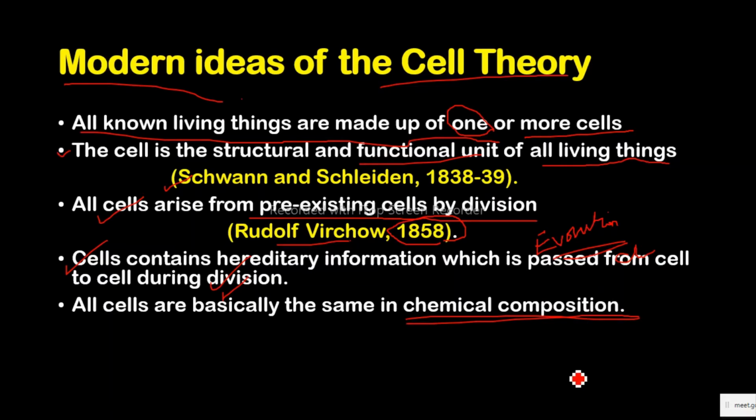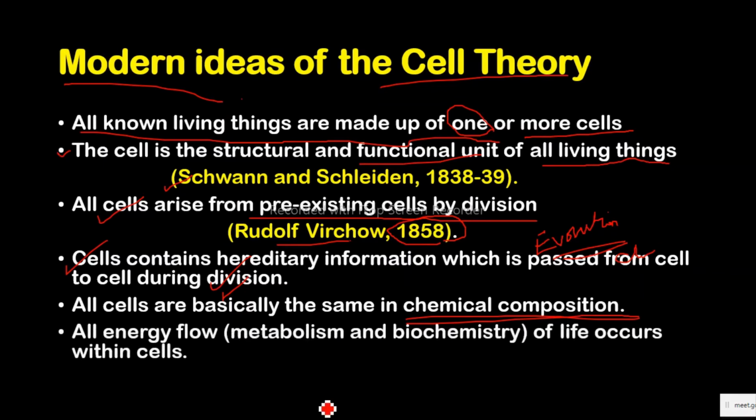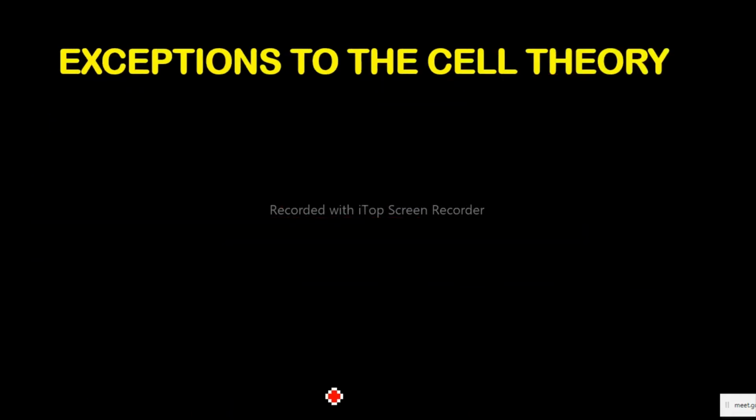But basically, cells are the same. And then all energy flow, that is metabolism and the biochemistry of life, occurs within a cell. So basically, these are the main views as far as the cell theory is concerned.